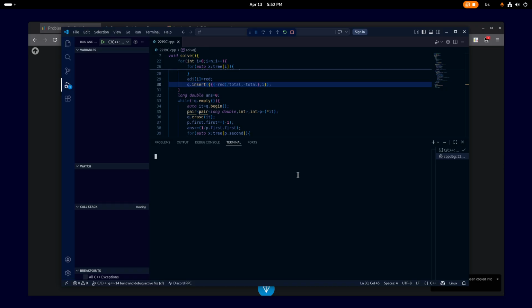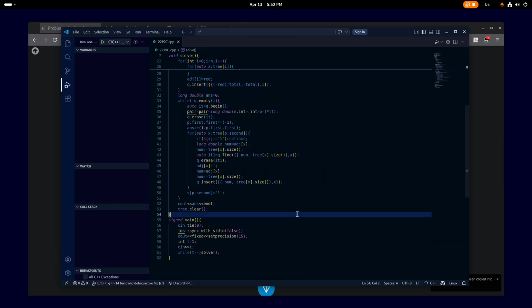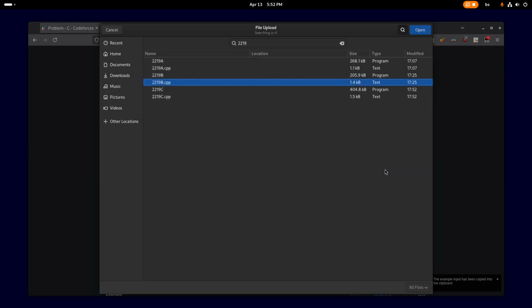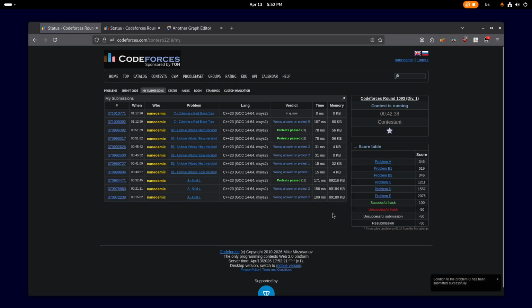If this passes these samples, that means there's no bug in implementation, which means it might pass. If you've got two nodes that both have like 1/3, but one actually has... okay, again, wrong answer.